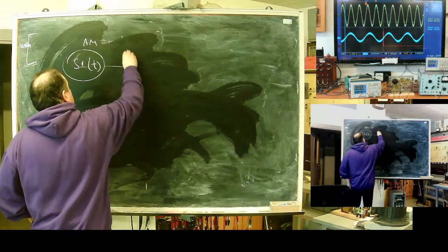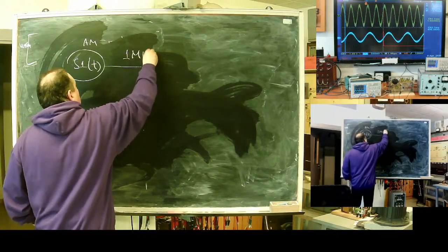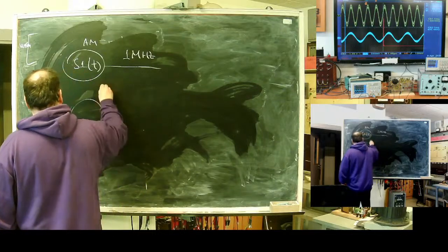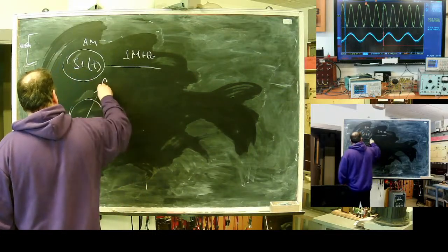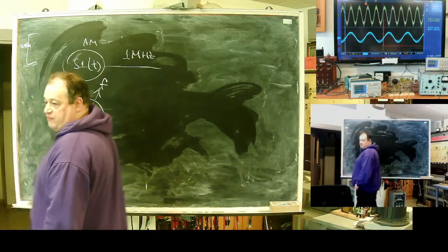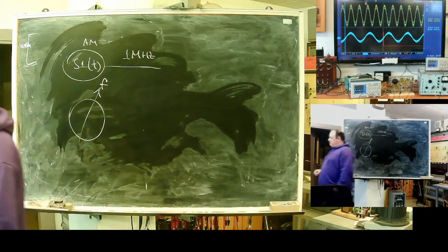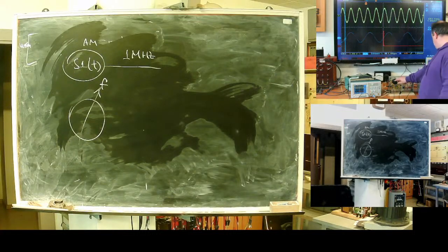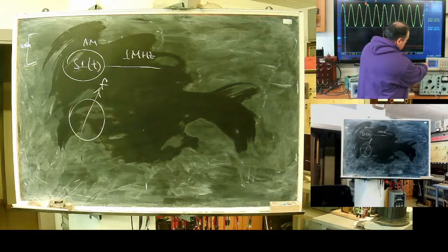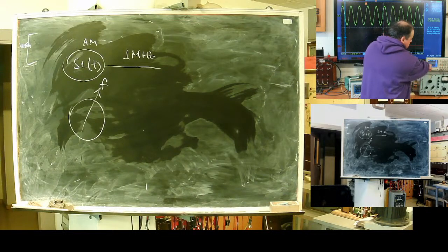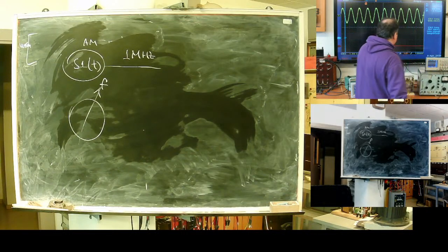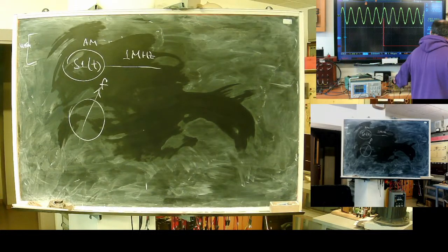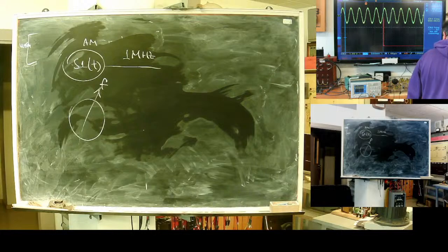This signal is at 1 megahertz. Second signal is from a local source of variable frequency, heterodyne. I can change its frequency here. Here you can see the signal, and it's now 1.6 megahertz.